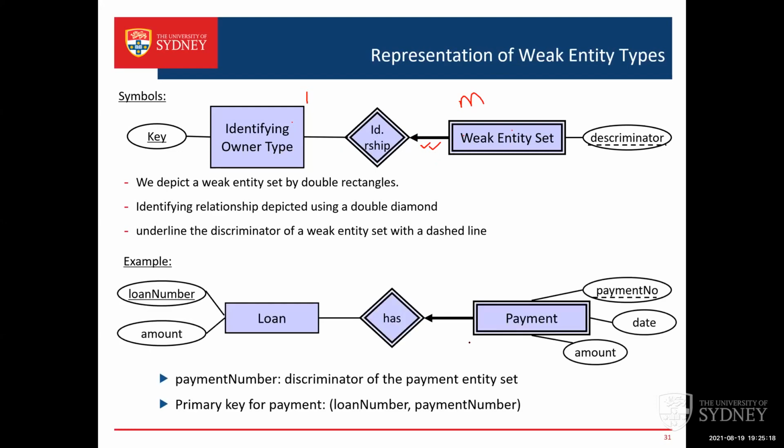This is how we can understand it now. Loan has payment. In the payment we can have a payment number, which is a discriminator or partial key that we show as a dashed underline. To create the primary key for this payment table, we add the loan number and also this payment number.